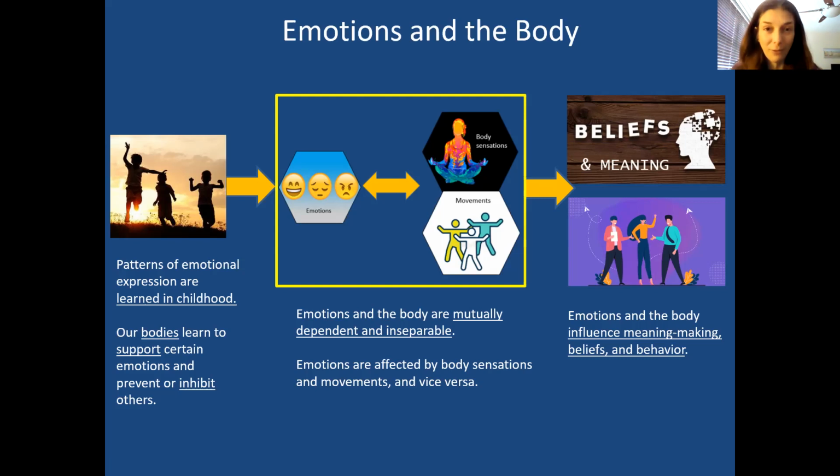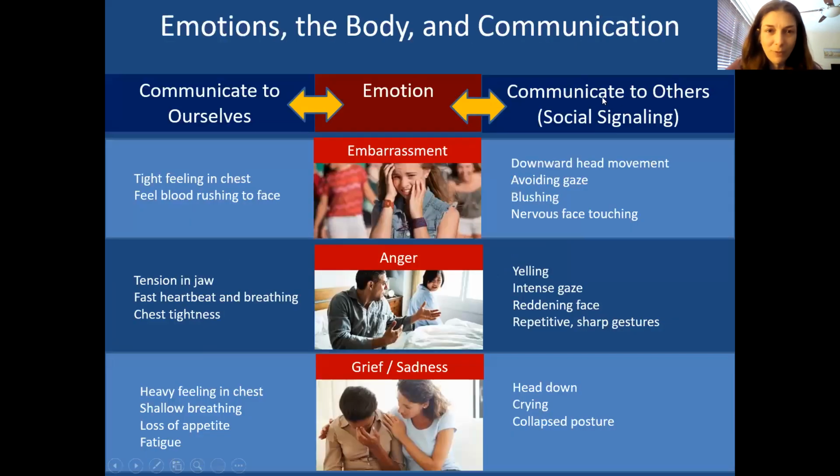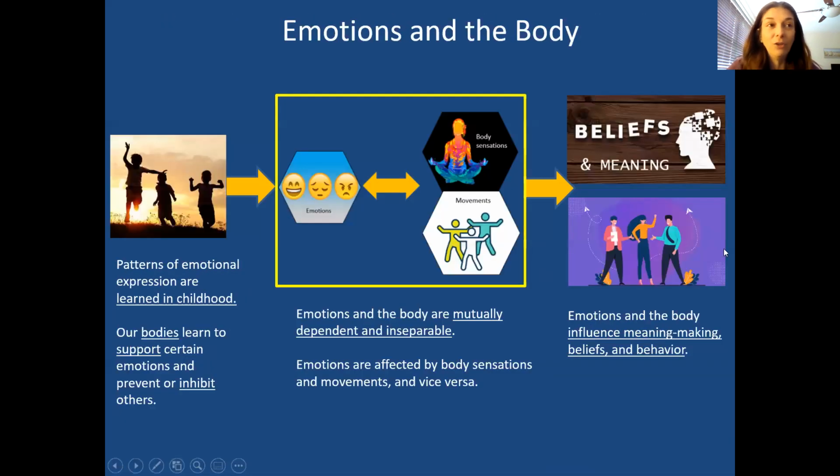You can't have one without the other. You can't feel an emotion without also having an impact in your body and in your movement or your urge to move. Those then support the kinds of beliefs and meanings we develop, and influence the way we respond behaviorally. So they all go together.